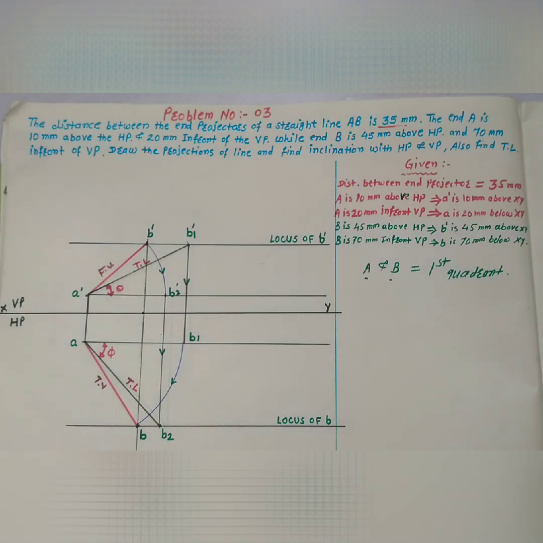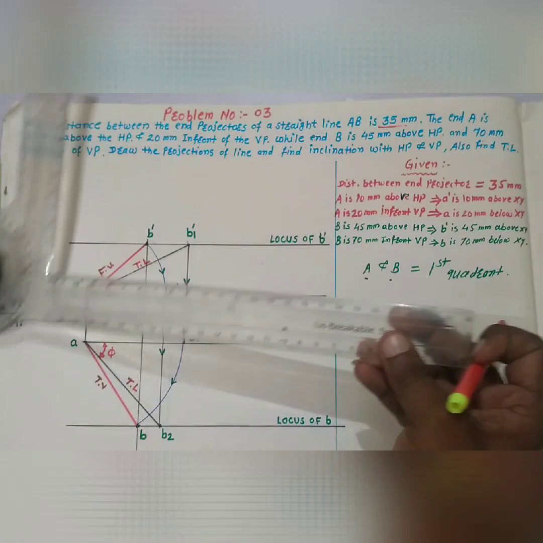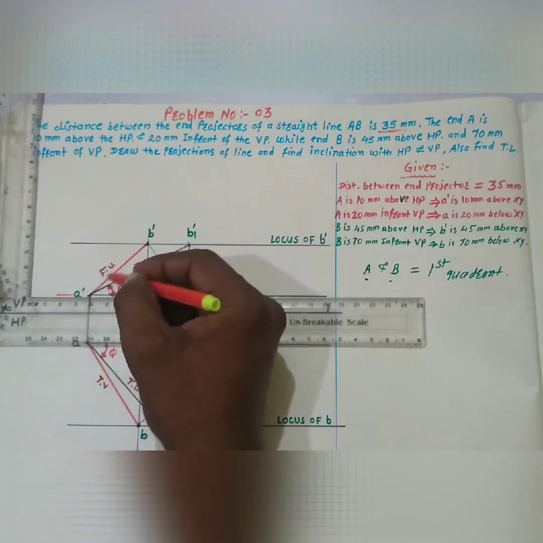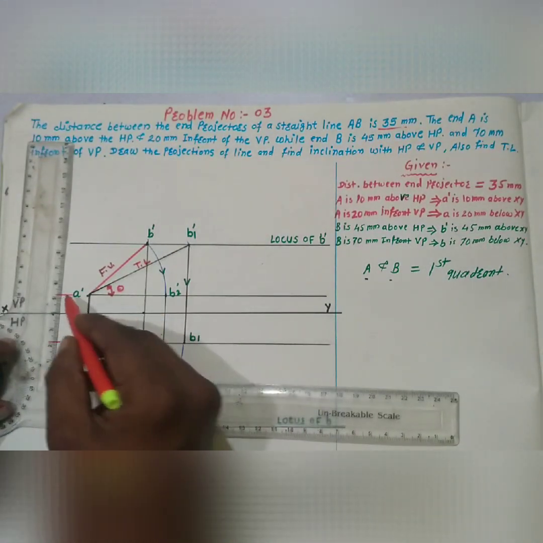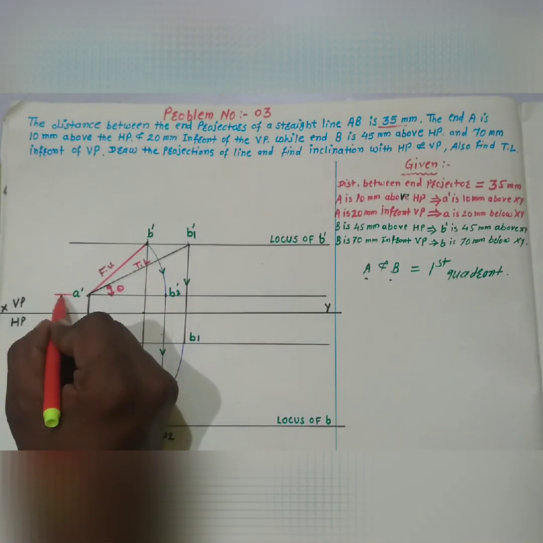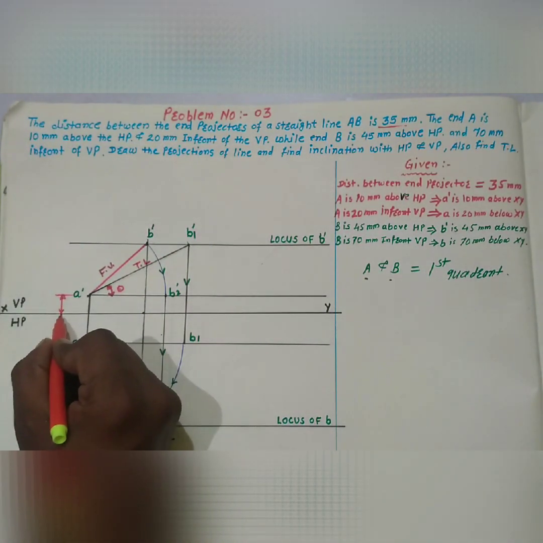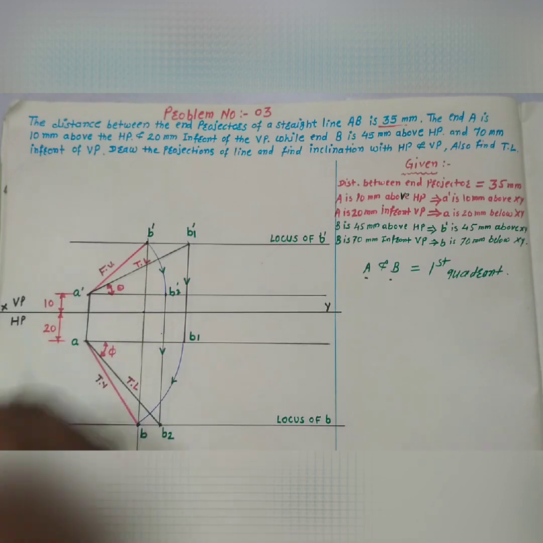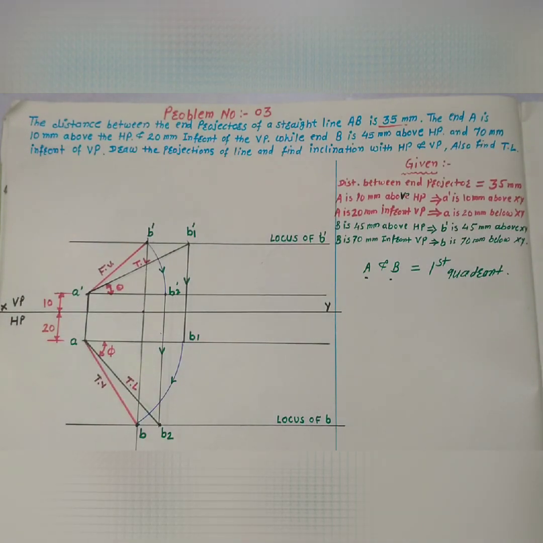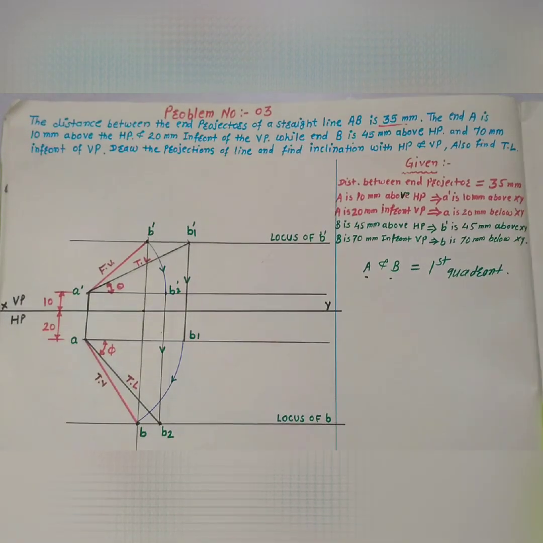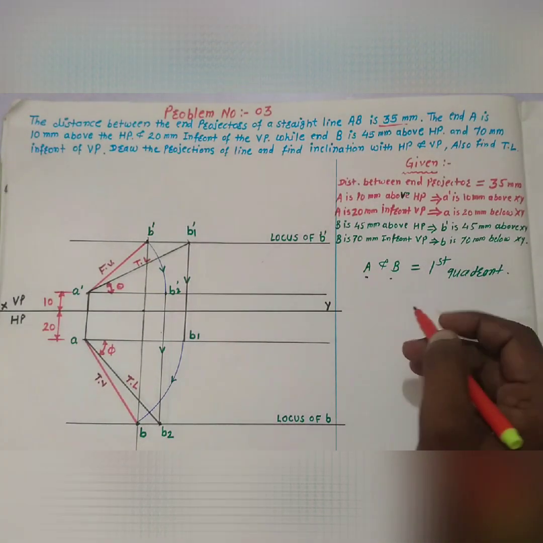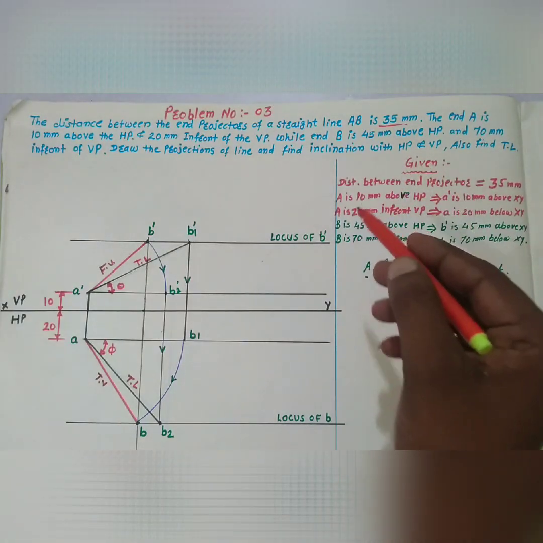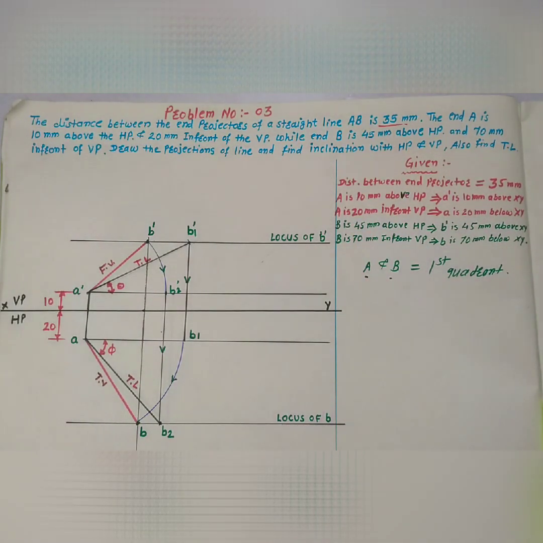Extend this line. This is the 20 mm distance and this is the 10 mm distance. As given in the question, you have to find the inclination with HP and VP. Also you have to find the true length.